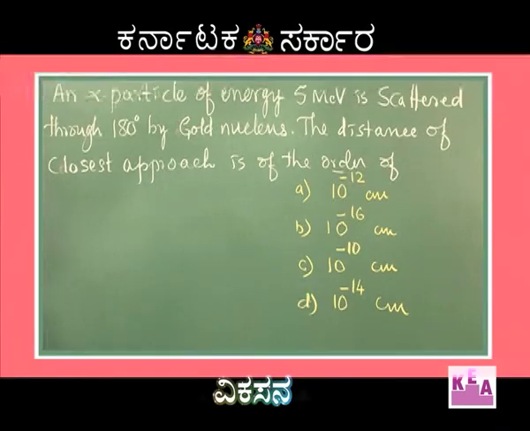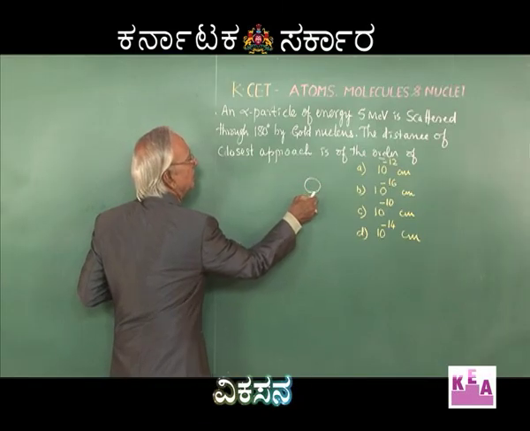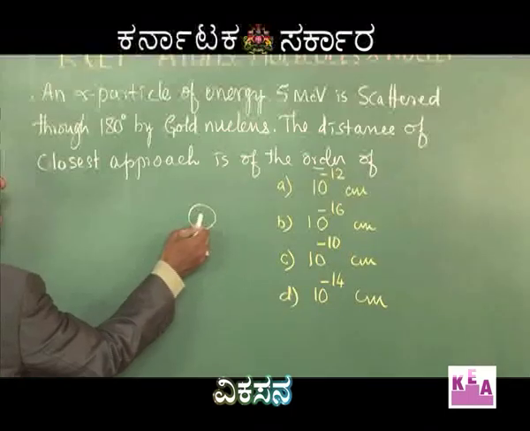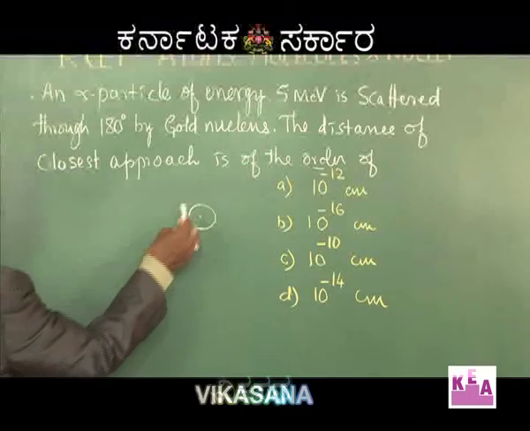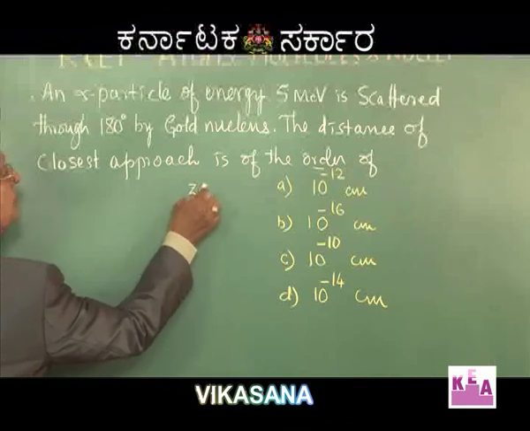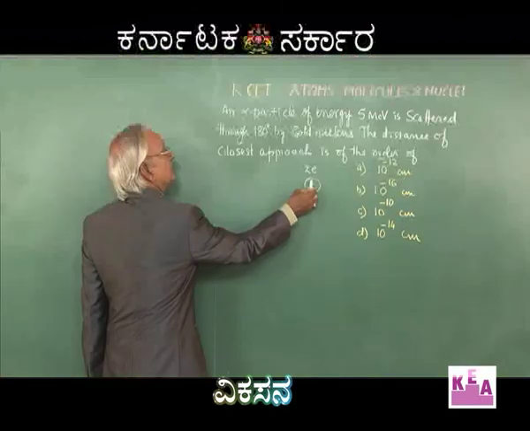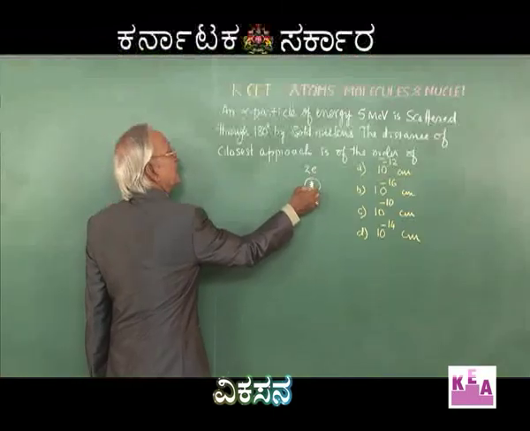See, what is the closest distance of approach they have asked. You should think that there is a nucleus here, as they have said, a gold nucleus, and the atomic number of gold, Z, is 79. So, Ze is the charge of the gold nucleus, which is positive.